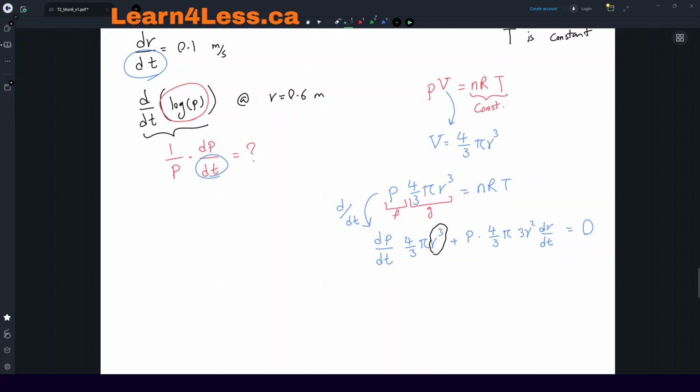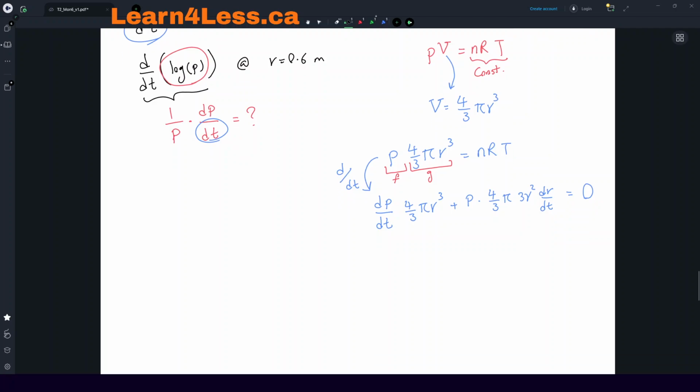Okay, let's see how we can simplify that. Do not forget that what we need is dp over dt times 1 over p. So I need these, and I need to have 1 over p beside that. So let's create that.